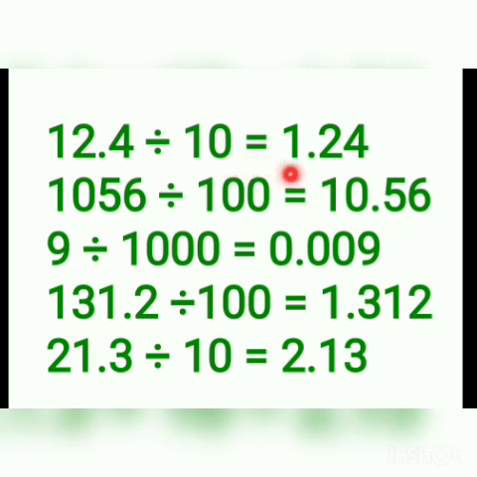Only the decimal point changes, but all other digits are the same. So there is no need for multiplying or dividing and checking. You should know the concept of movement of the decimal point. If it is multiplication, the decimal point should go to the right. If it is division, the decimal point should go to the left. Only that variation comes. The other digits in the given number have no change.